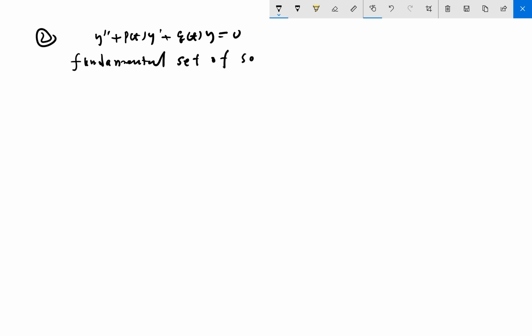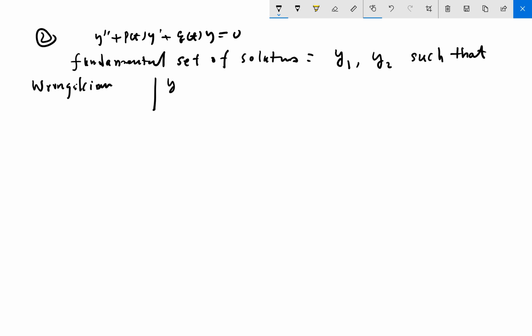Of solutions. What do we mean by a fundamental set of solutions? They are two solutions, y1 and y2, such that the Wronskian determinant of them, defined this way: y1 and y2, y1 prime and y2 prime.